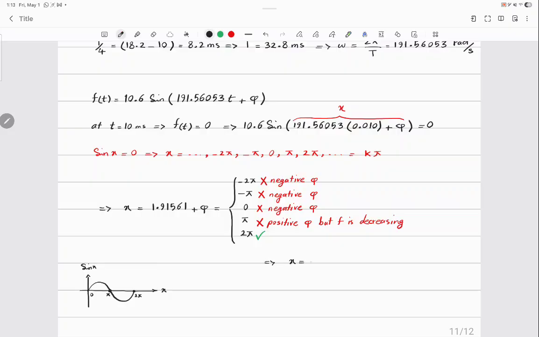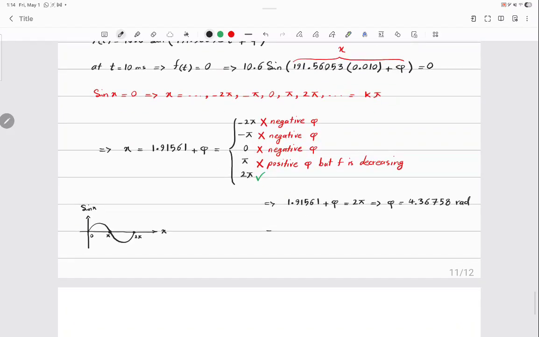So x is equal to, or I can write it as, 1.91561 plus phi is equal to 2 pi, which gives you phi of 4.36758 radians, and you can change it to degrees. I have 250.24390 degrees.